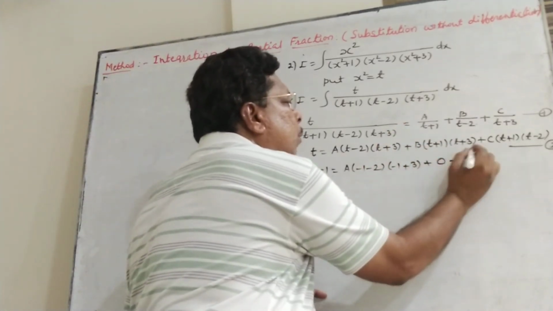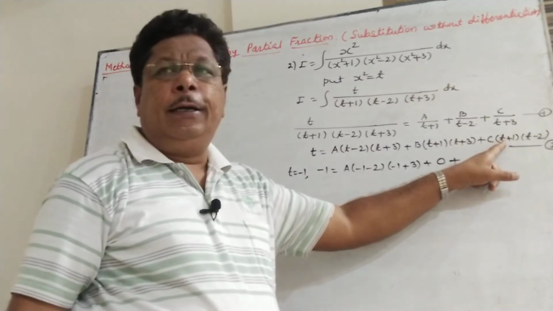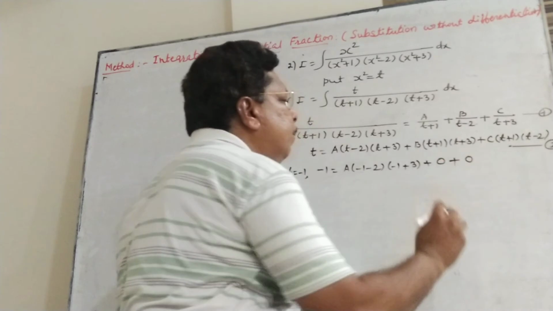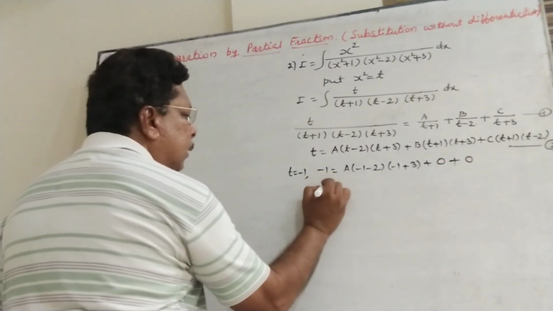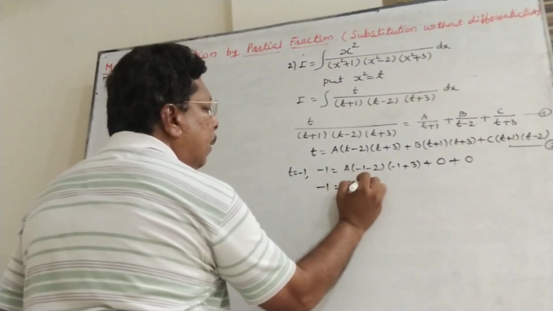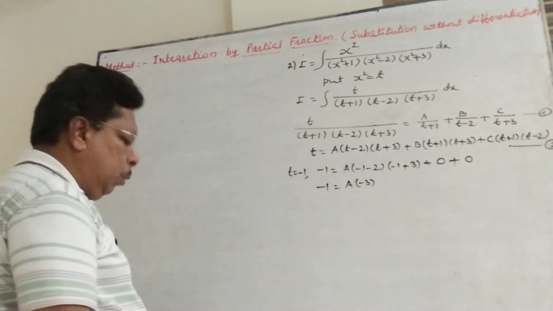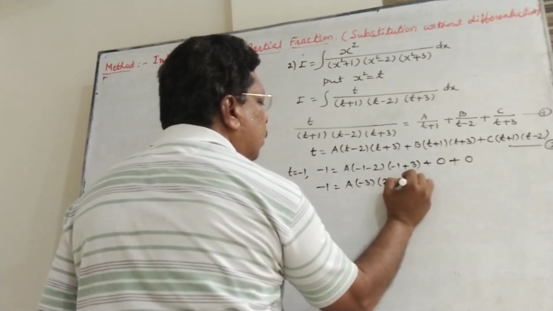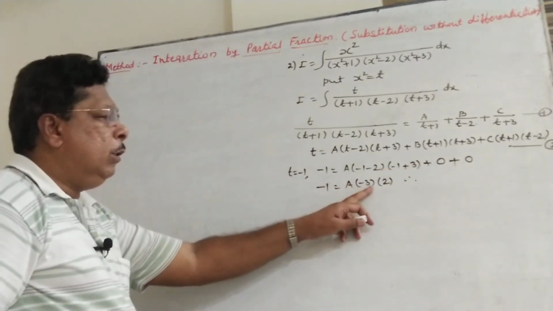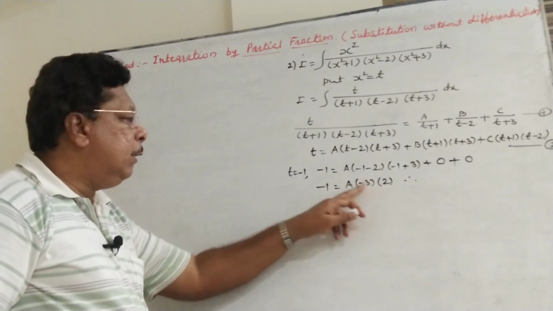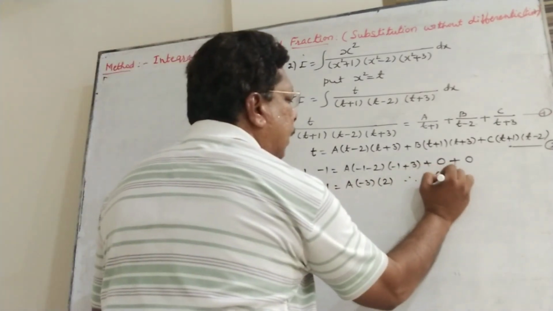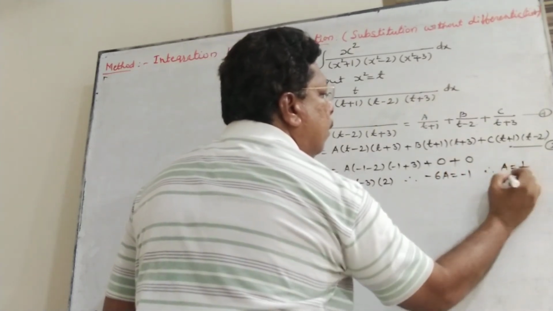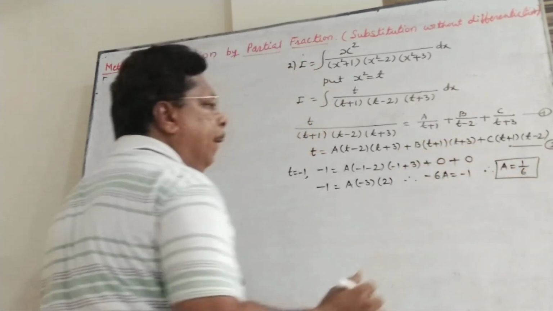So those factors are 0. So minus 1 is equal to a into minus 3, minus 1 minus 2 is minus 3, minus 1 plus 3 is 2. So this is minus 3 into 2, minus 6a equal to minus 1. Therefore, a equal to 1 upon 6. We will get the value of a.